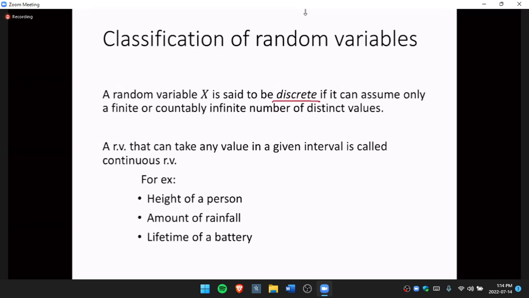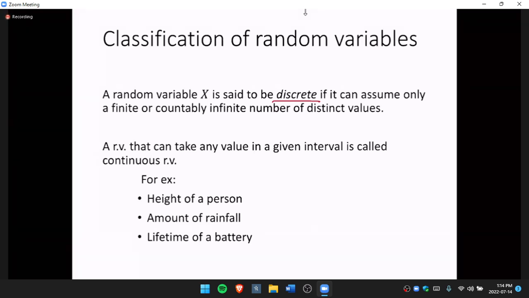Why is that? Here we define the random variable according to quantitative data. Those data should be quantitative. If they are qualitative, we are not going to find any probability distribution, and we are not going to define a random variable.